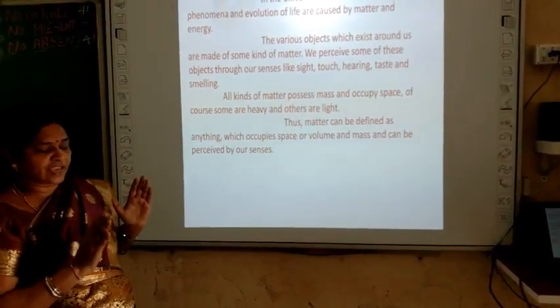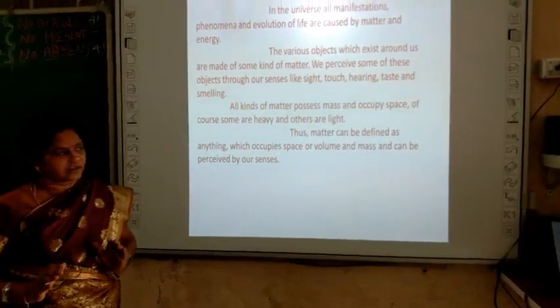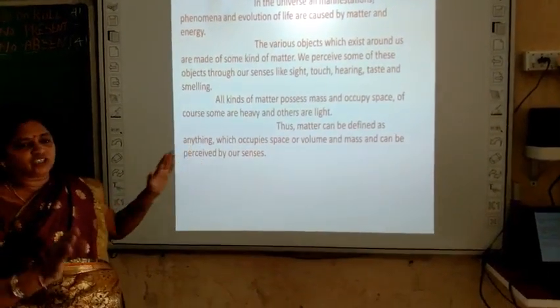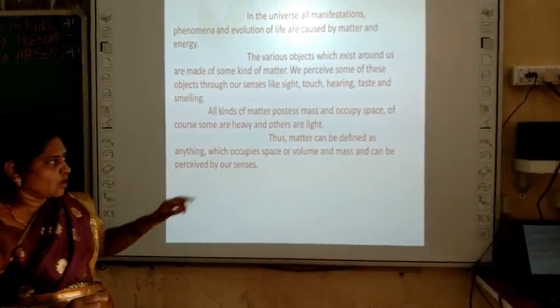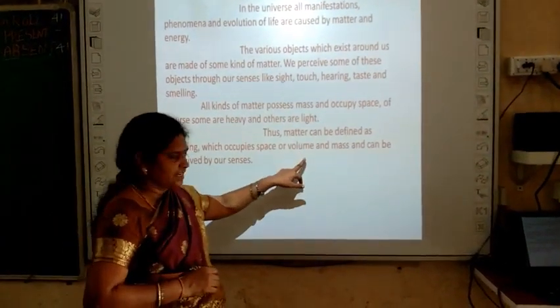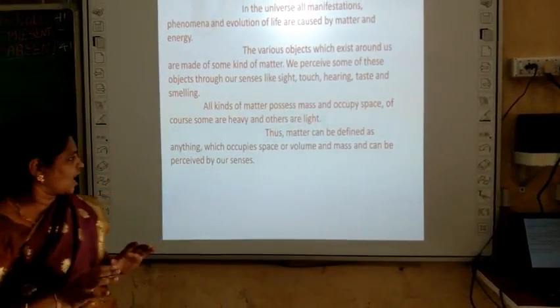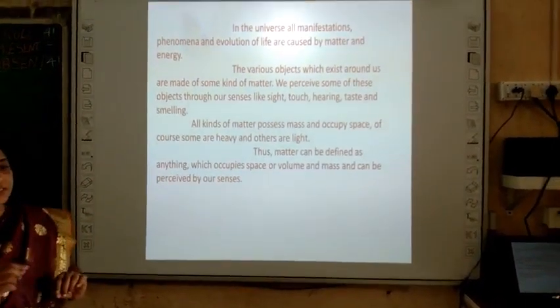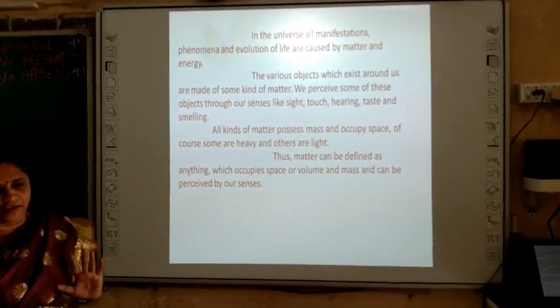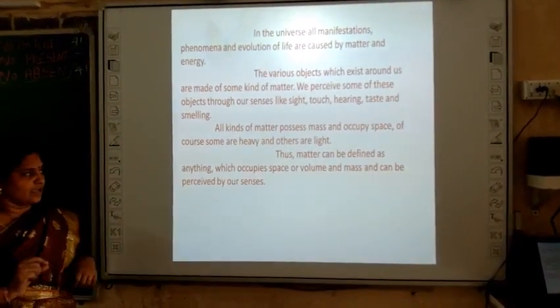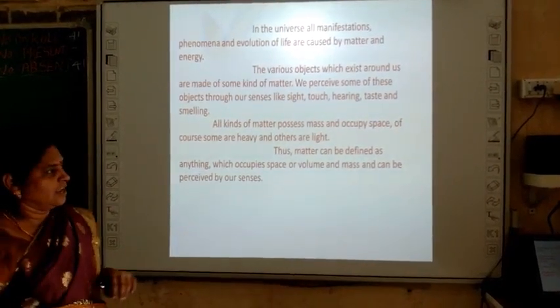We can conclude the definition for matter is anything which occupies space or volume and has mass. Volume means for liquids, isn't it? Volume and mass can be perceived by our senses. That is matter. Now I think you understood very well.